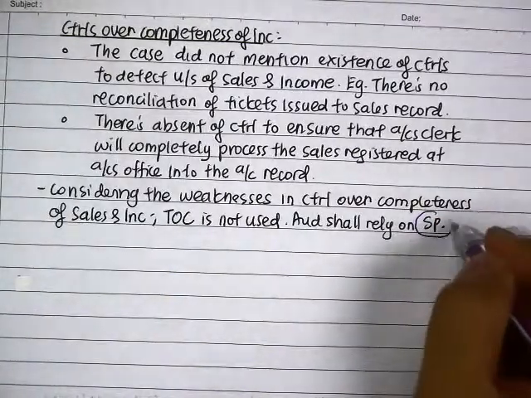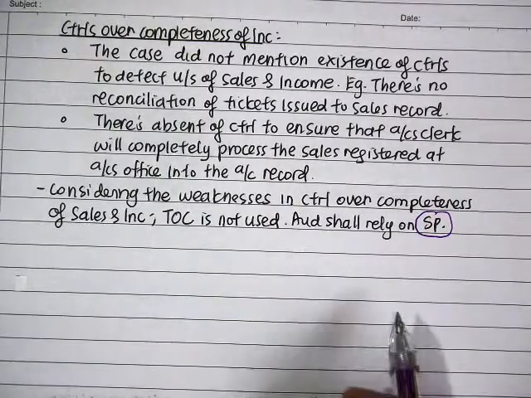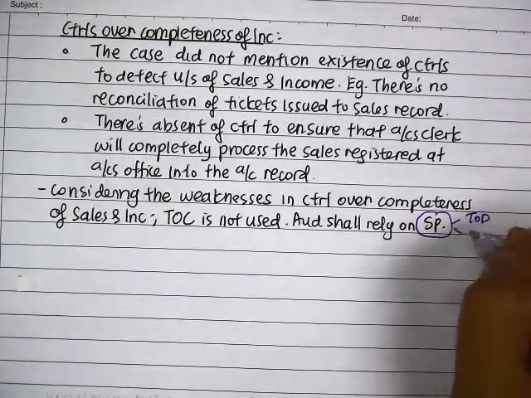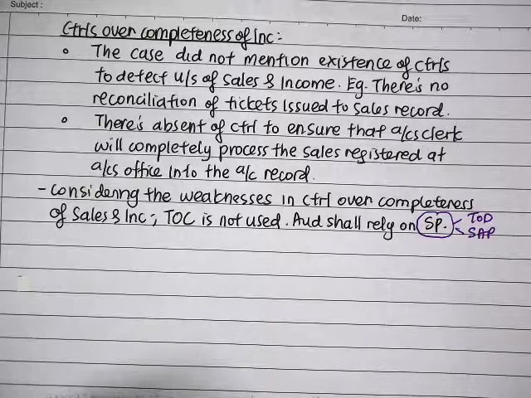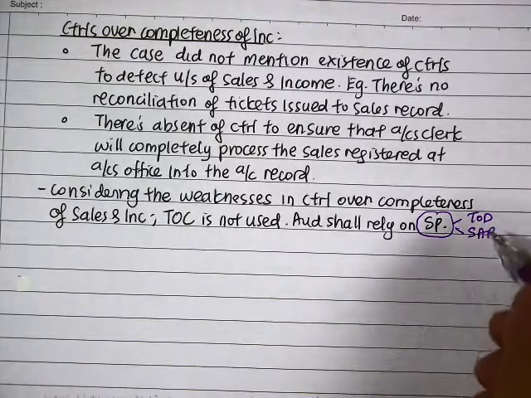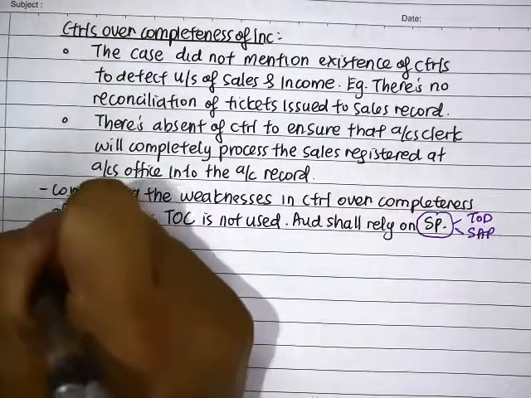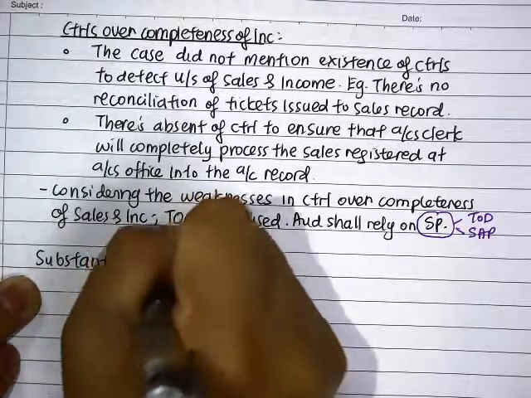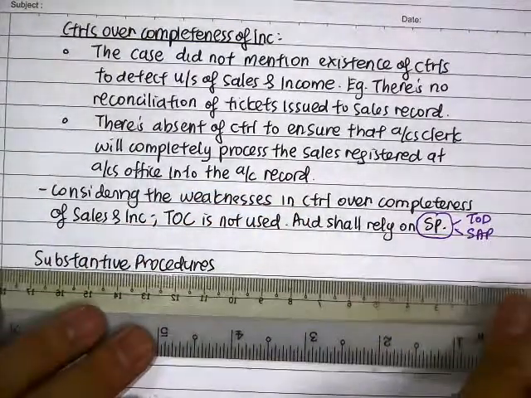Then to what extent are you going to use substantive procedure? The substantive procedure alone also has two types, right? We have test of detail and substantive AP. Then you must explain these two things: to what extent you're going to use TOD and SAP. Okay? Now, so the use of substantive procedure.